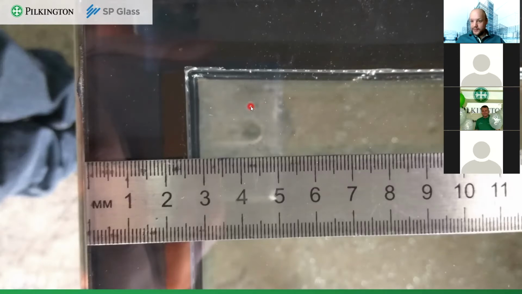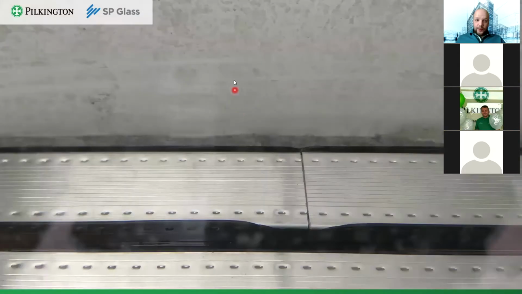So these are the two main problems of the butyl. Another problem which you can encounter is that during the IG unit lifetime, butyl can expand inside of the IG unit. Now, this can be caused by several factors.